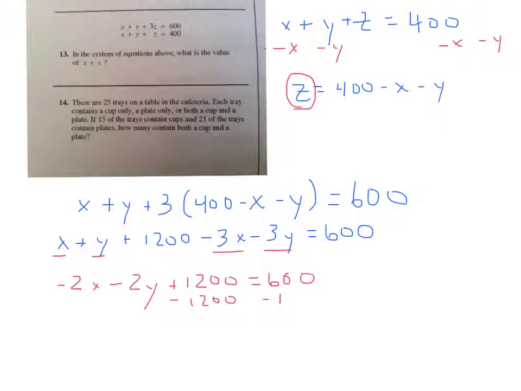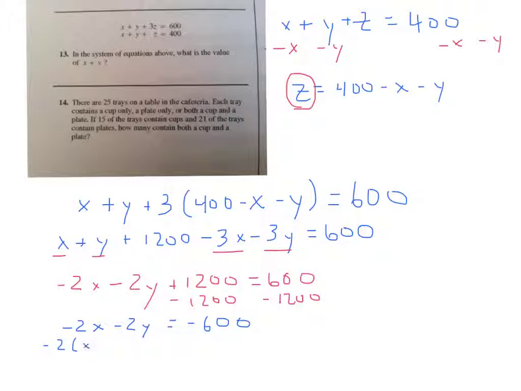Now we're going to want to move our 1200 to the other side to isolate our x and y. Minus 1200, minus 1200, that gives us negative 2x minus 2y equals negative 600. Now we can see that we have a negative 2 common to both our x and y terms, so we can factor that out.